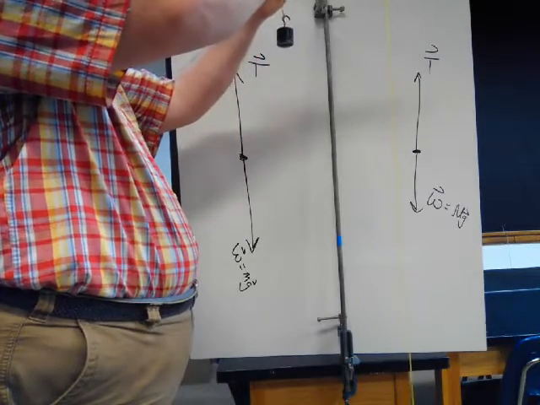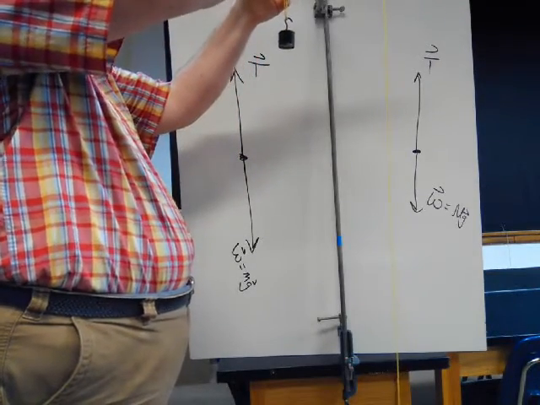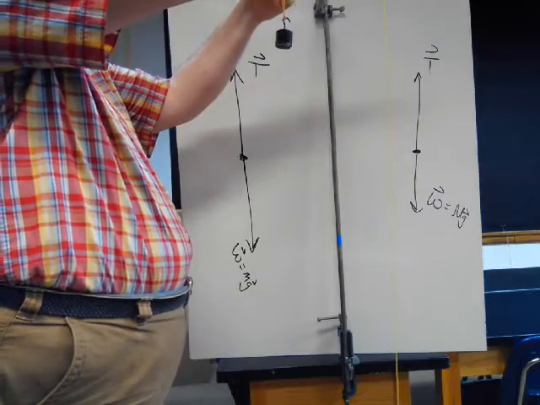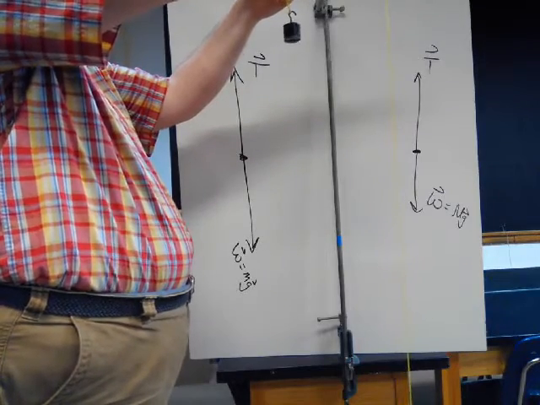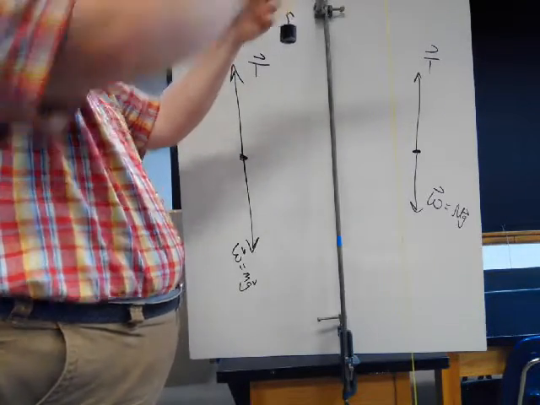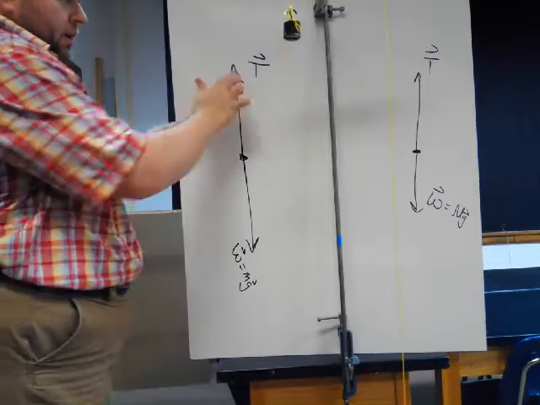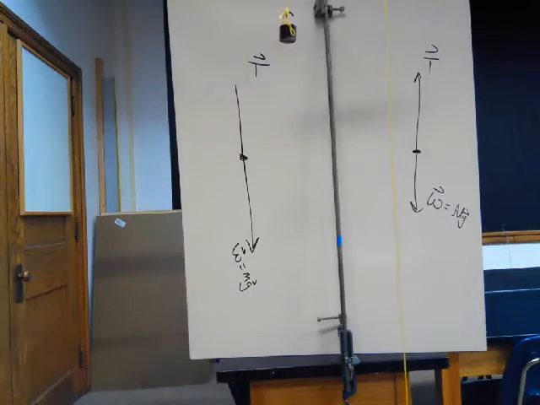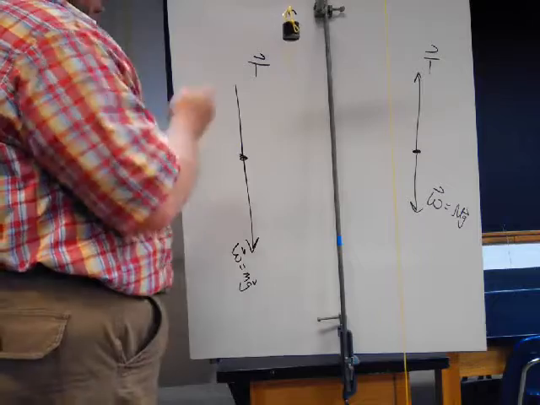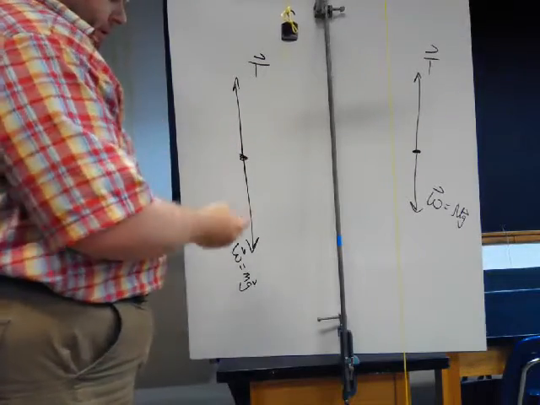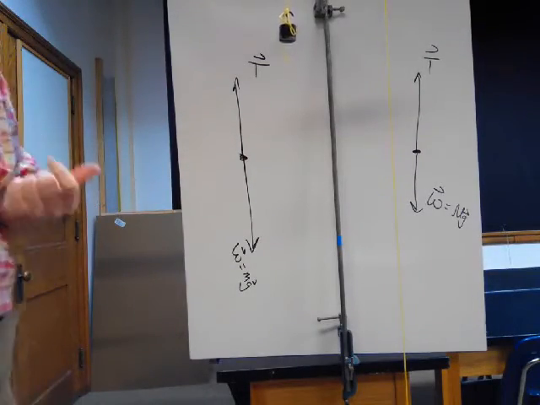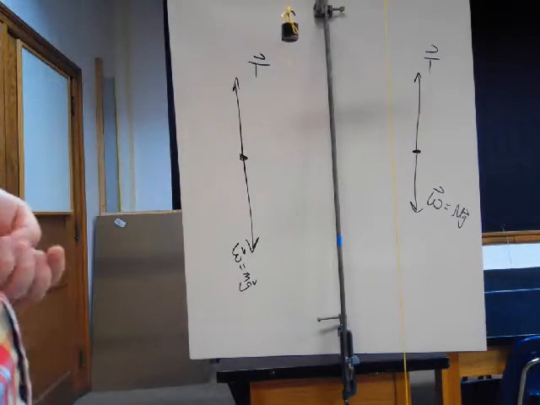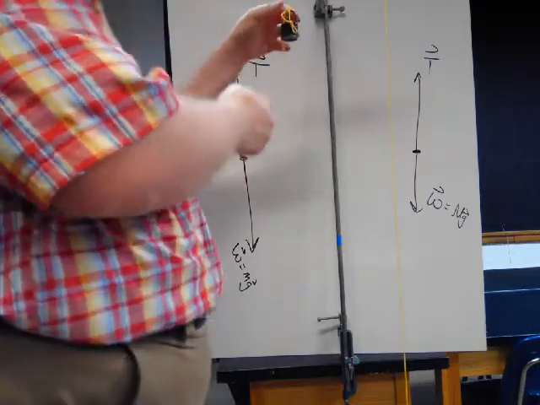But it's not too terribly difficult to work out that the acceleration has to be due to the net force on each of these weights. In all of them, the tension is the same because it's the same piece of string going over the pulleys. So this tension in these strings should be the same throughout.